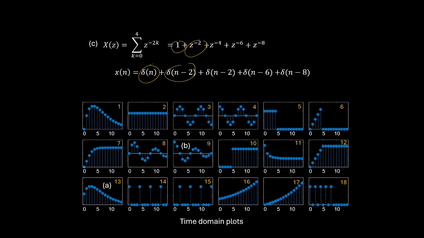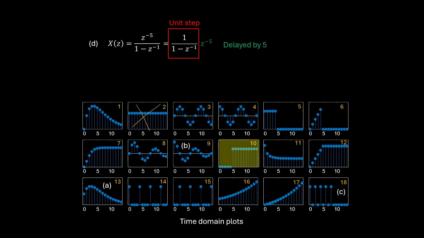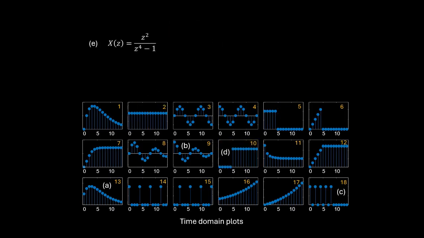From here we can see that the only possible solution is the one in plot 18. For part D, we can simply see that we have a unit step delayed by 5. For part E, we will take the long division and calculate a few samples of x of n.